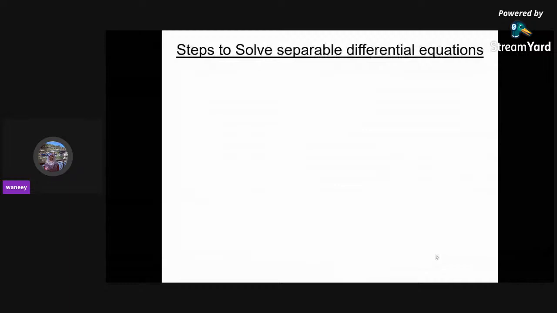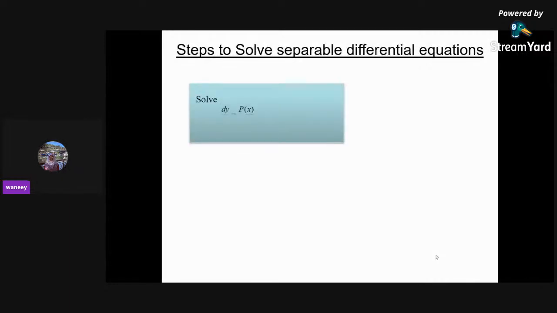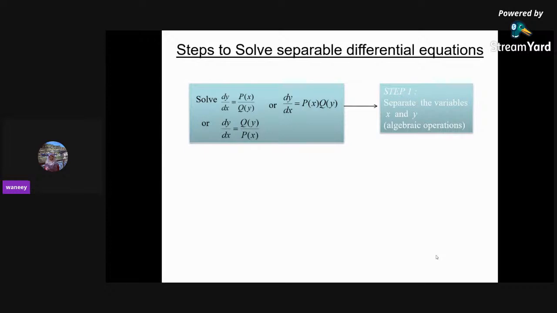Okay, so how to solve? The first step, in order to solve them, is to separate the variable of x and y. When you look at them, you should be able to see how to separate them. It should be x by the side of dx and y by the side of dy.